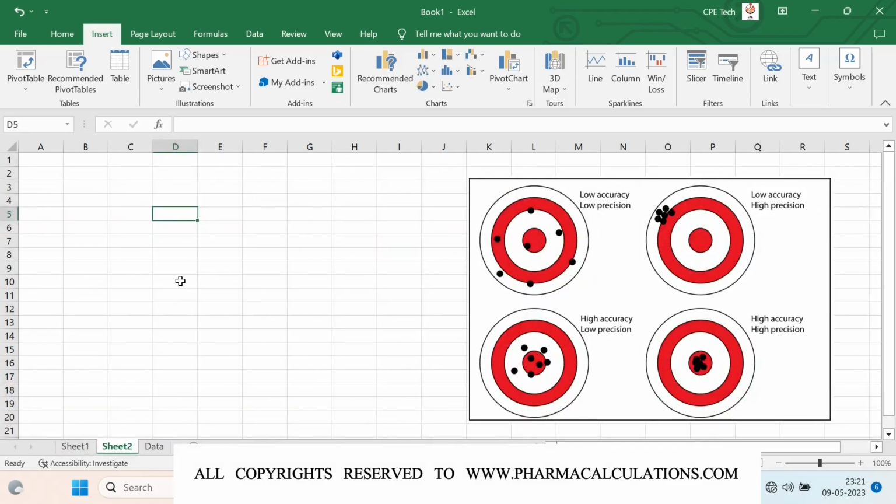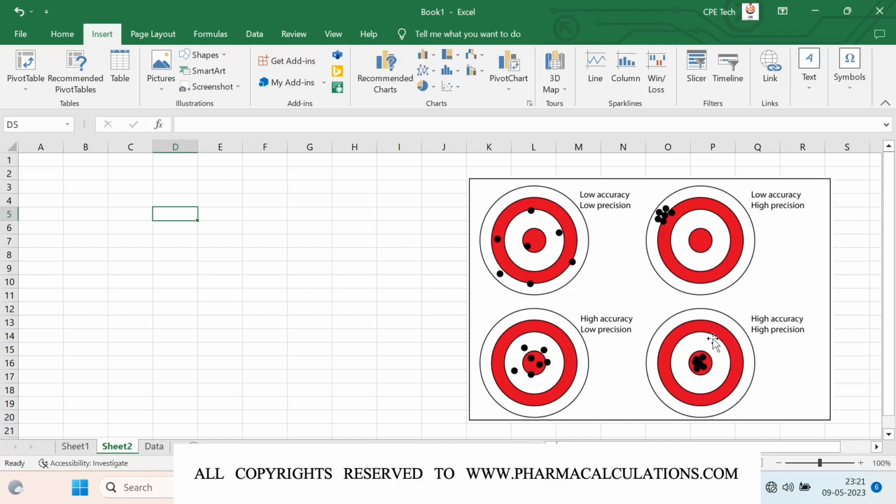Before going into the topic, we should understand the difference between accuracy and precision. Usually we use both words interchangeably, thinking both are the same, but there is a gap. Here, you can see there are a total of 4 boards.